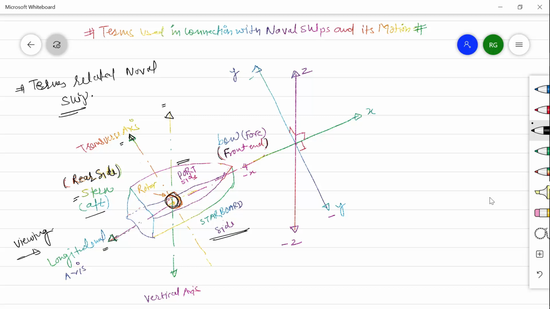Next we are going to discuss the types of motion in the case of a ship.